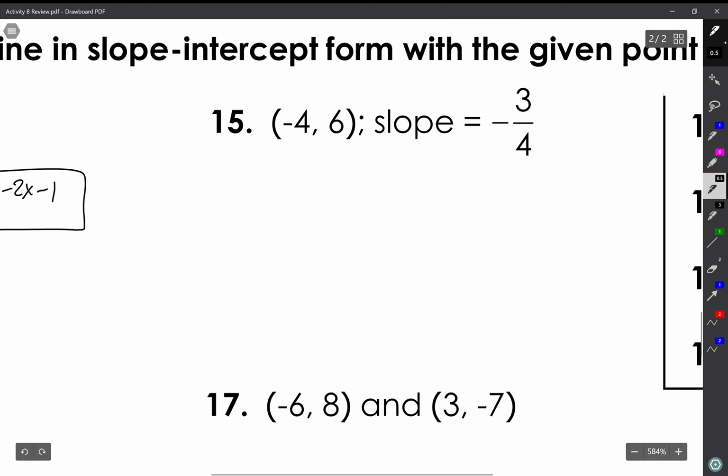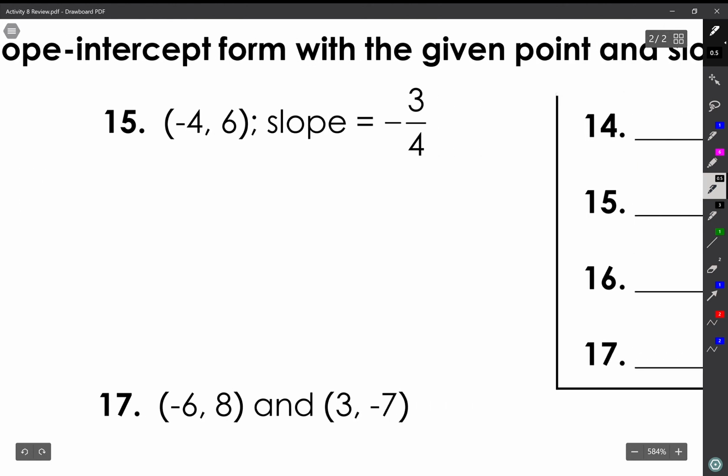Next, 15. My slope this time is -3/4. So I have y is equal to -3/4 x plus b. Plug in my point. I have 6 equals -3/4 times -4 plus b.